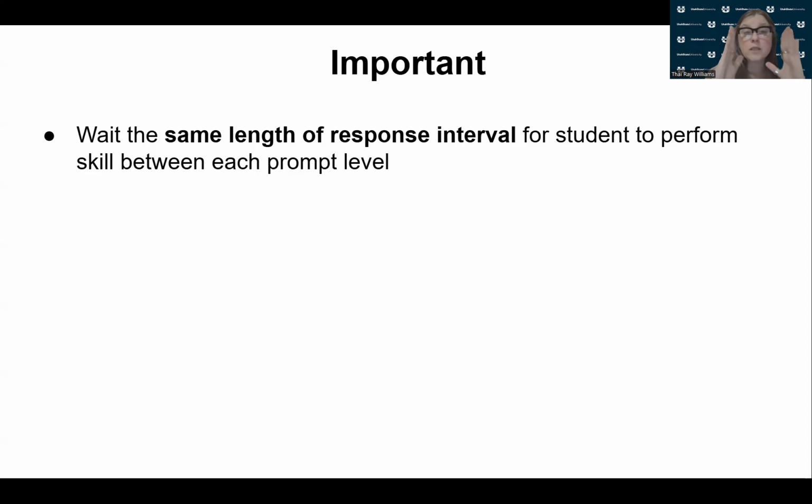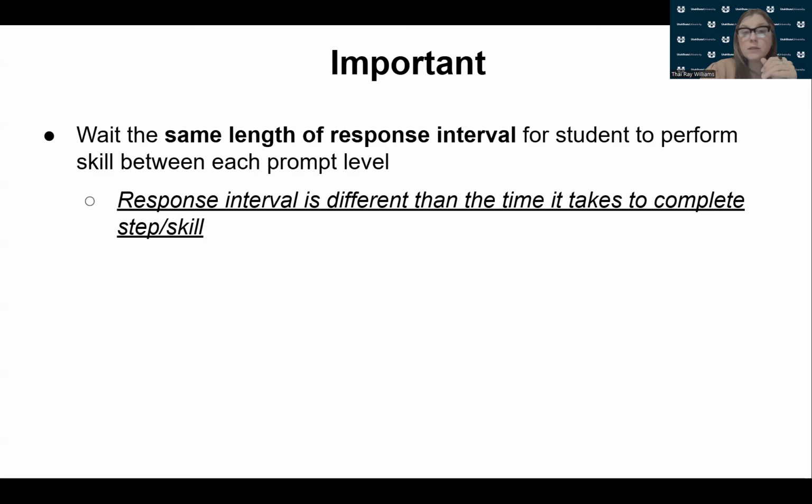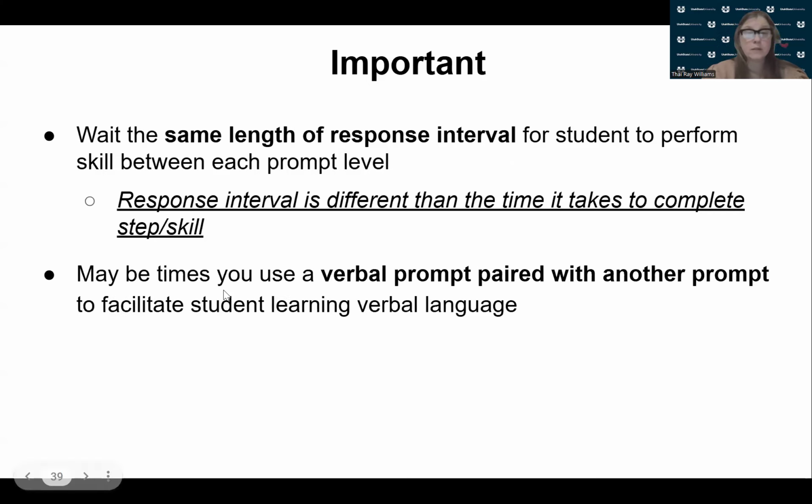So your response interval stays the same for all prompting levels. Now, again, just as a reminder, the response interval is different than the time it takes to complete a step or a skill. The response interval is the time between the task direction and the prompt, the wait time you give a student to respond before you give a prompt. That's what the response interval is, just as a reminder.